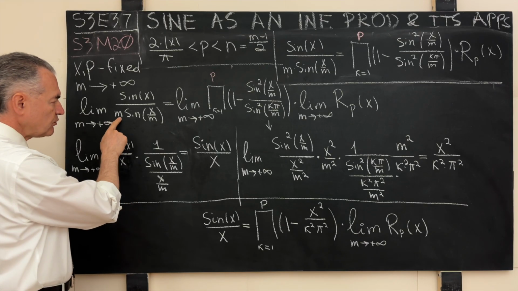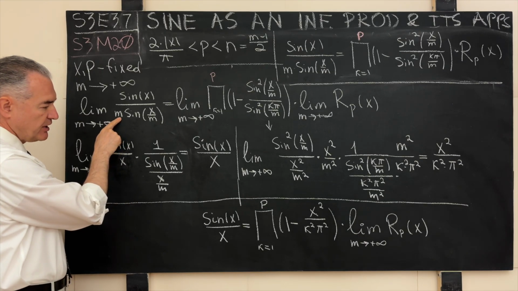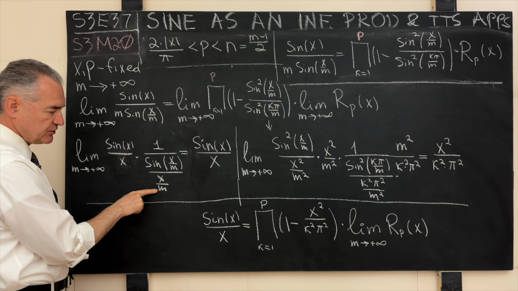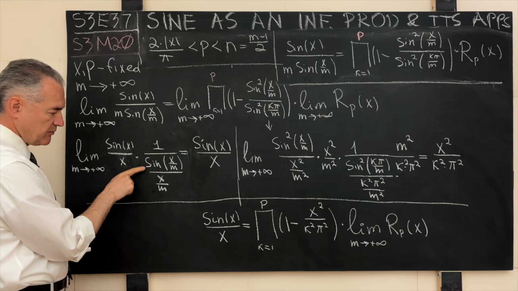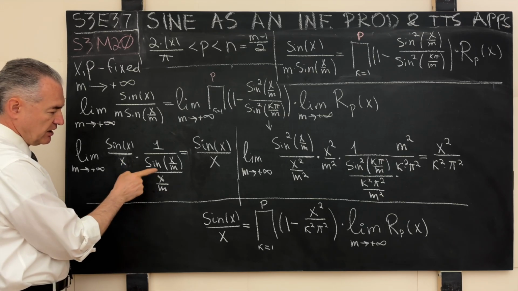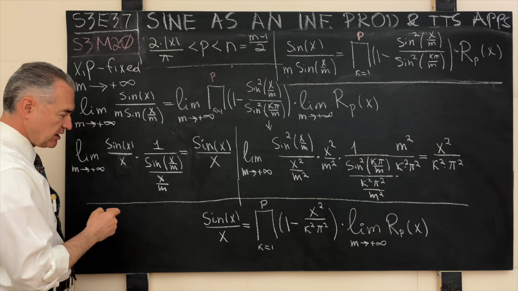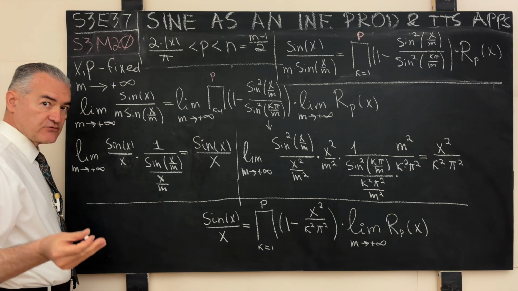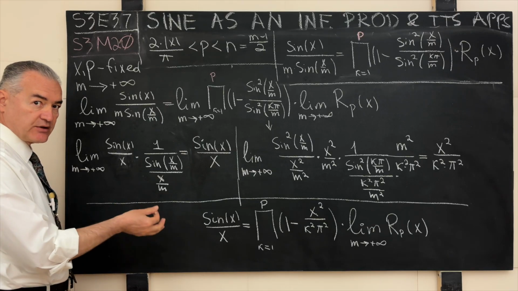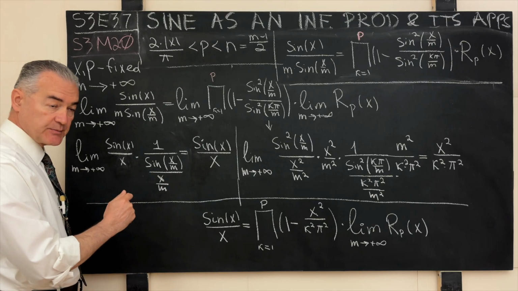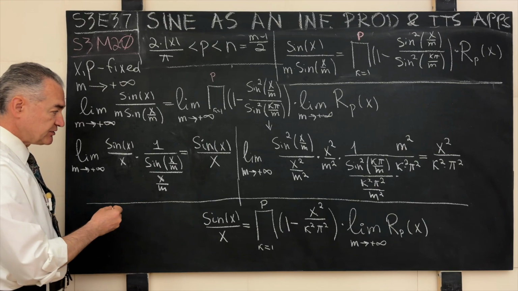And we take the integer m and move it over here, so that way this integer m actually sits over here. So even in this format, x and x cancel each other out. That is the same thing. But here we use the basic theorem from real analysis. The limit of a product is the product of the limits, provided that the limits exist. In this case, the limits do.